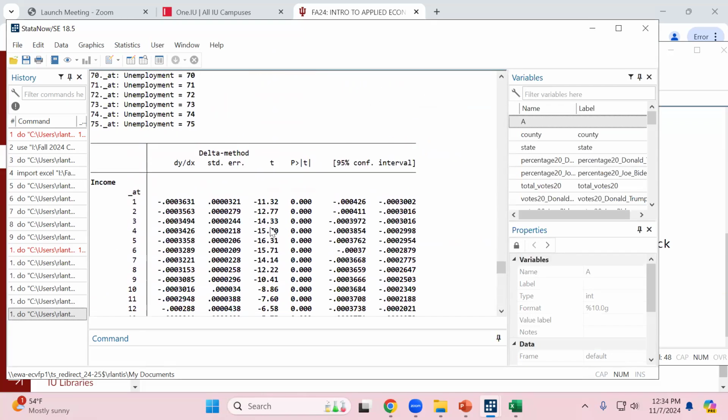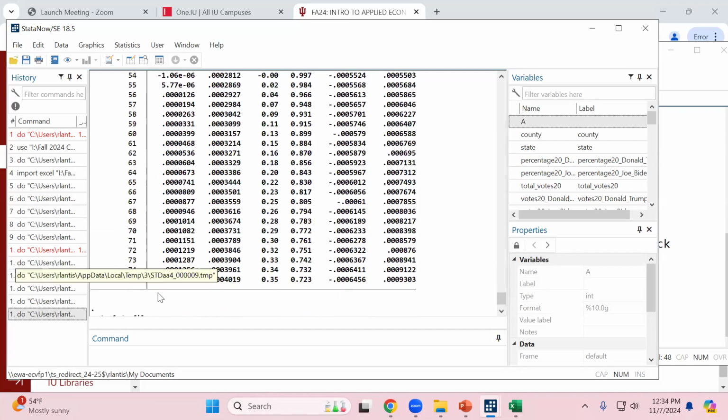It'll grab those coefficients on the non-interaction and the interaction term. It'll calculate the marginal effect when unemployment is 1%, 2%, 3%, 4%, 5%, 6%, all the way to 75 percent. I could do more if I wanted to. I guess I would go up to unemployment of 100 if I really wanted to, but that seemed a little overkill.